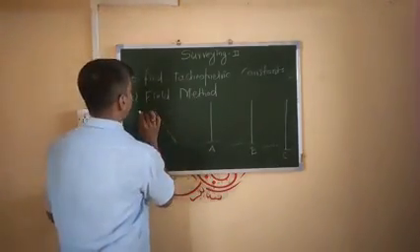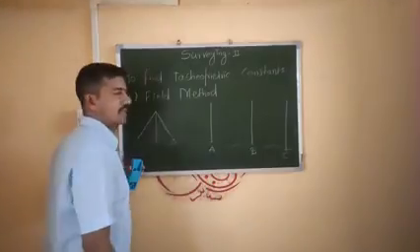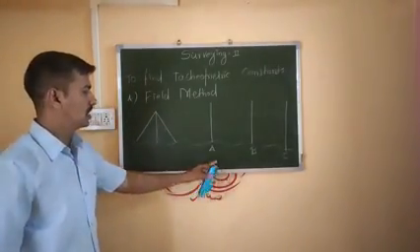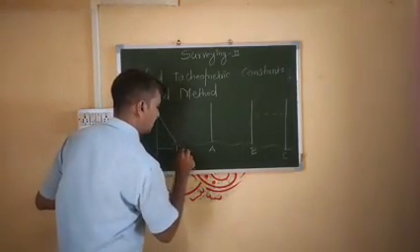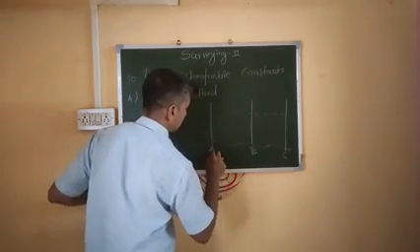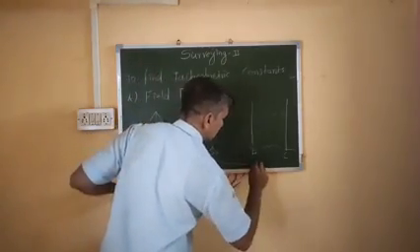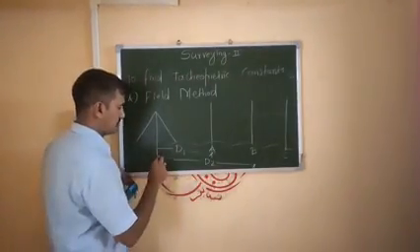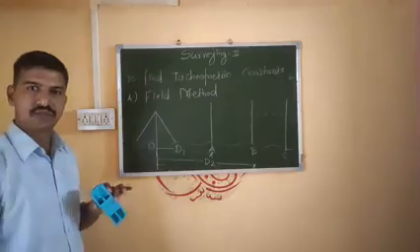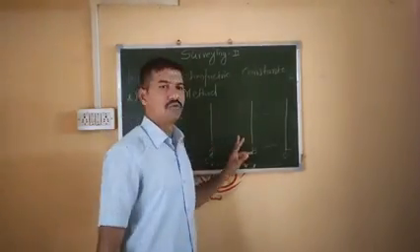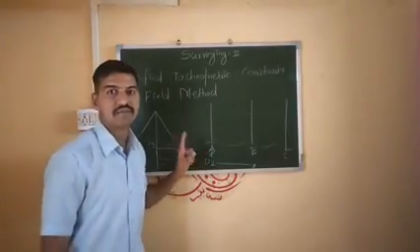After doing the temporary adjustments, bisect the staffs A, B and C, which are kept at distances D1, D2, and D3 from the instrument station. This is the situation where we can take observations to find the staff intercept.